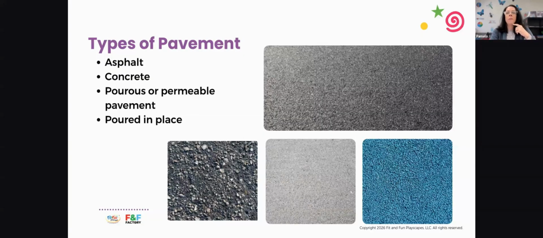So on the top, this large image is a beautiful picture of asphalt pavement. I chose to go in close because that's how you can really best distinguish the difference. And there's a catch here, so bear with me. So asphalt pavement is usually dark black or dark gray. It kind of fades and oxidizes and gets grayer as it ages.